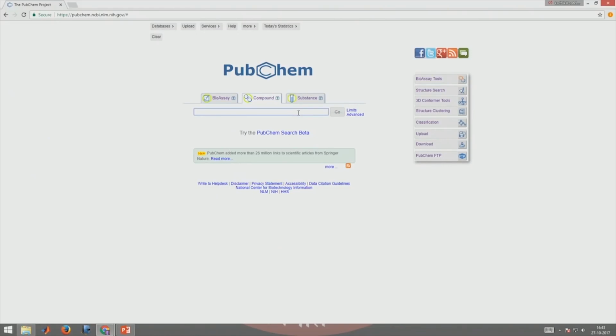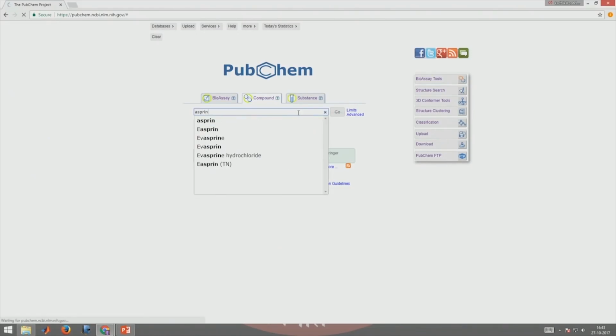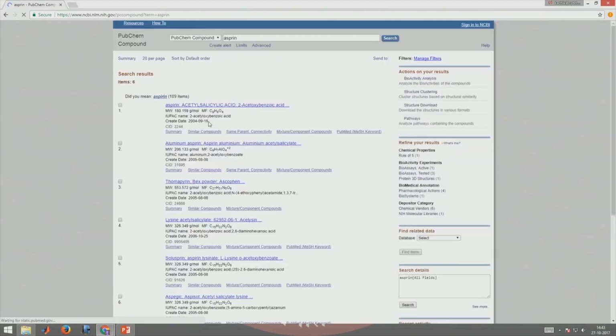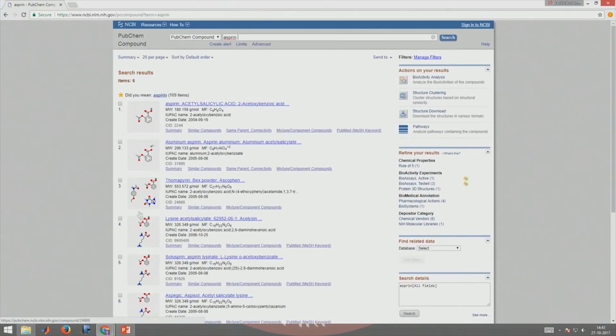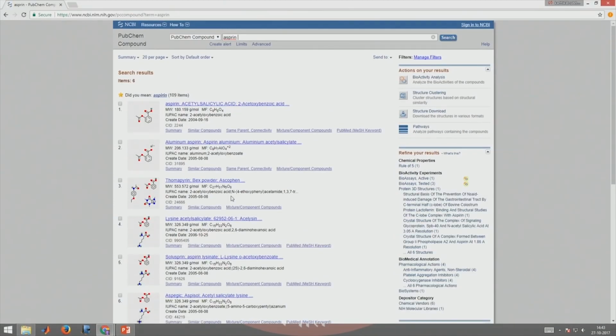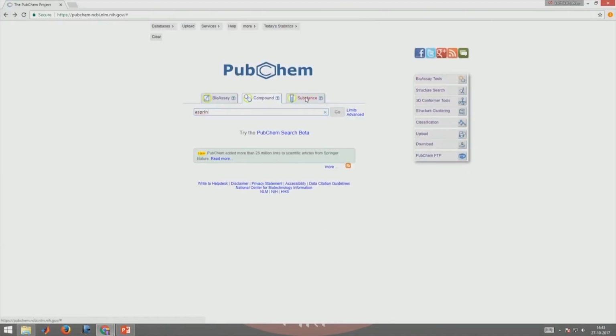So, we can say compound aspirin. So, different types of aspirin you can search. Okay. So, look at this, it gives you a lot of information, it gives you the IUPAC name, that sort of thing.